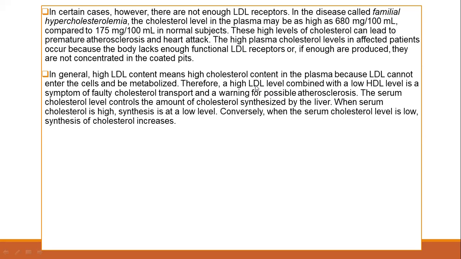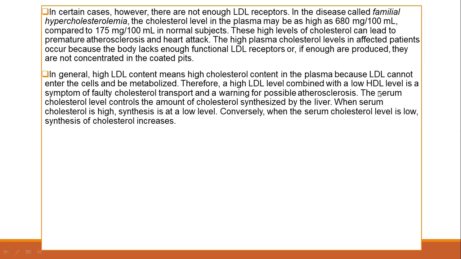Remember, it's the LDL that carries the cholesterol paingon sa cell. Pero kung puno na gani ang cell of cholesterol, ang imong LDL carrying with it the cholesterol, stay na siya sa imong plasma, sa imong dugo, no?